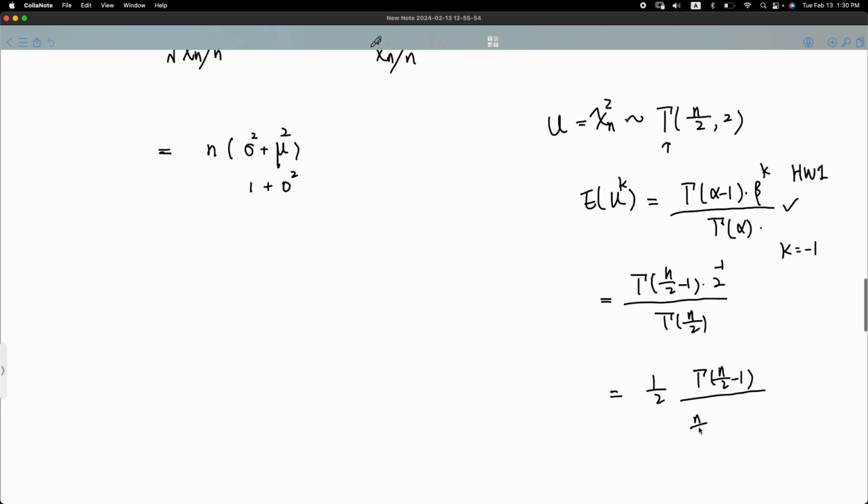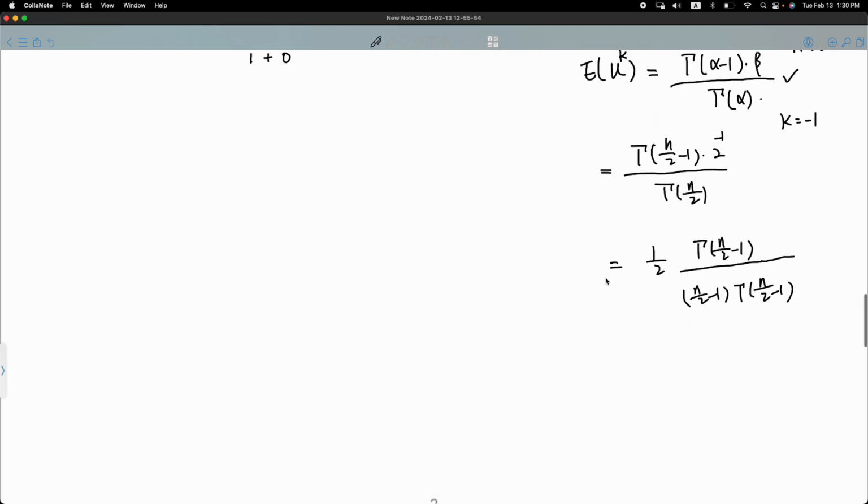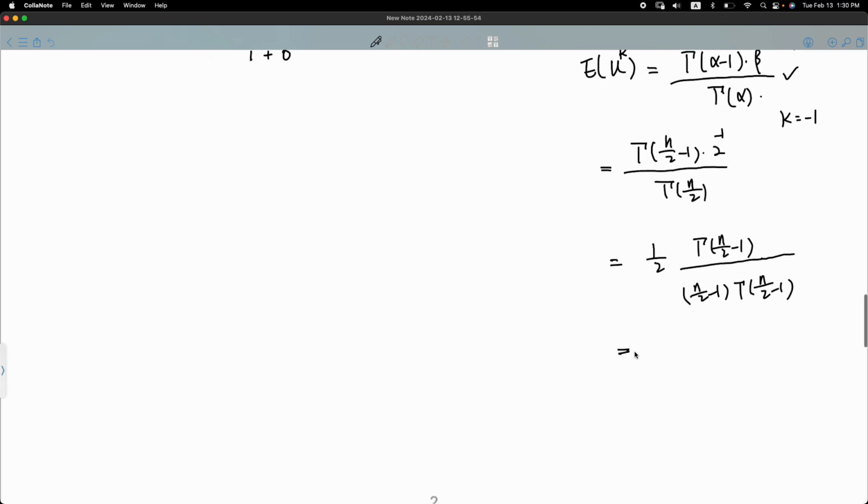There's another property that we apply to the gamma function, and that should cancel out and give us the final terms, which is n over 2 minus 1 in the denominator, so -1.